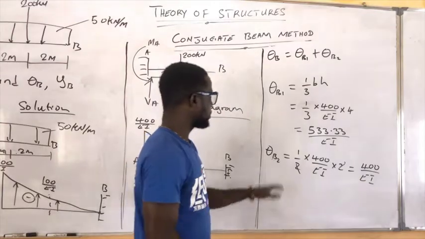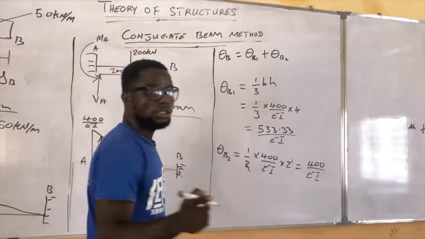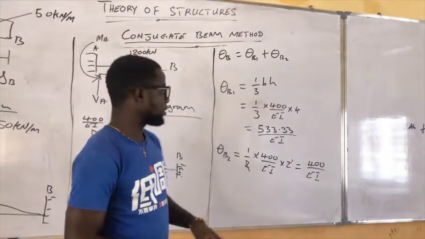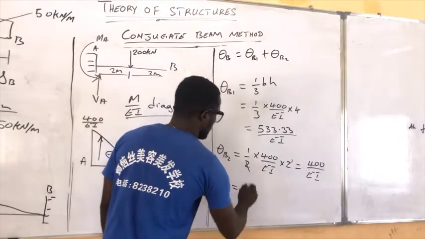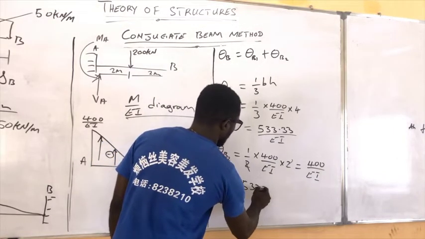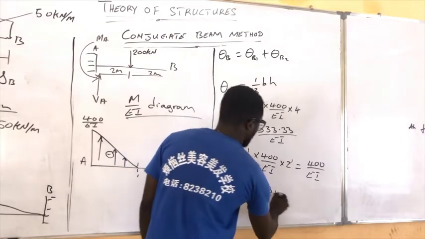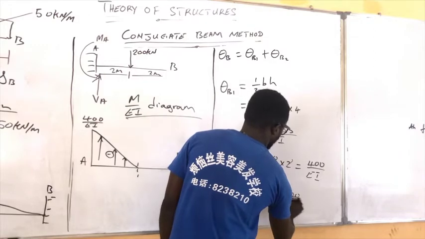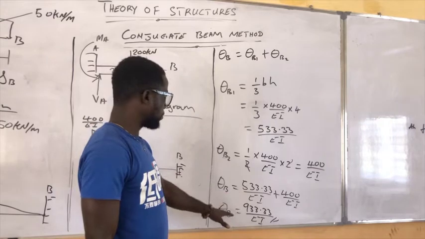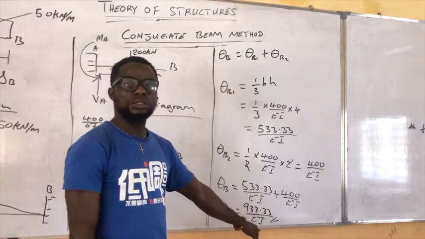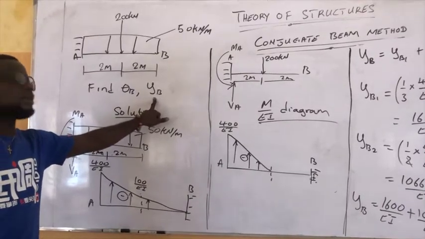When you simplify all this, you see that theta B2 is this. So the actual rotation at B will be the addition of these two. If you add all this together, you have the actual rotation at B.